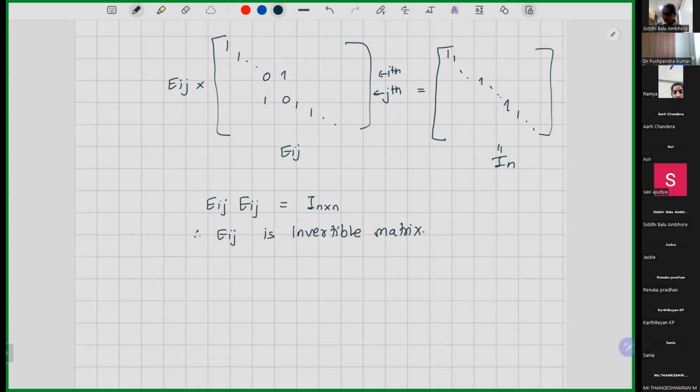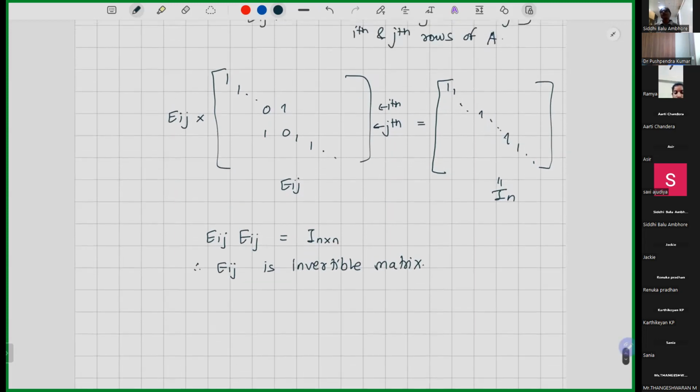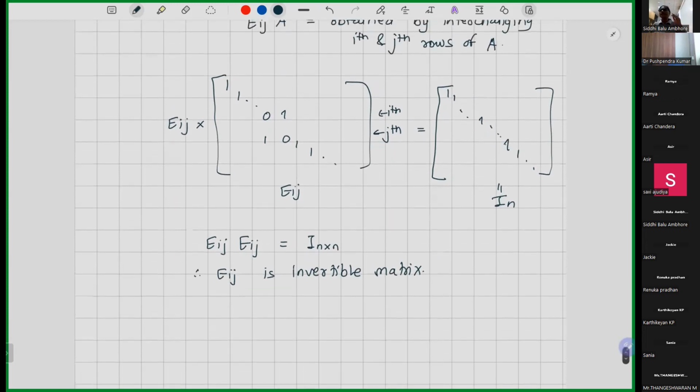Any doubts here? What I did was I just produced a matrix such that when I multiply that matrix by Eij, I will get an identity matrix. So how did I do that? Eij was just the ith and jth row swap. But when I again multiply the same elementary matrix Eij with it, it will swap the ith and jth rows of this.